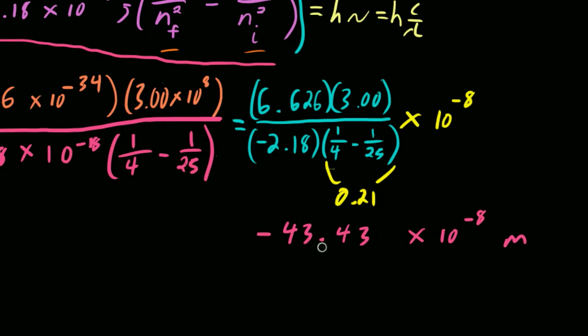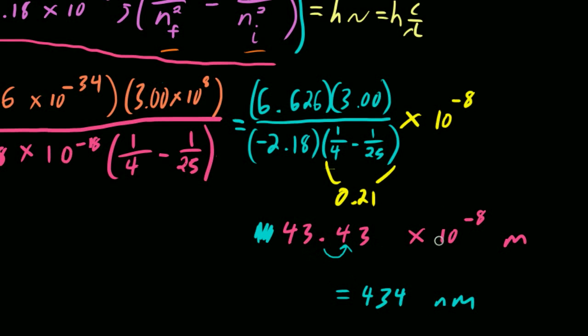We actually don't need the negative, since a negative length doesn't make any sense, so our length, if we wanted to give it in nanometers, would be 434 nanometers.